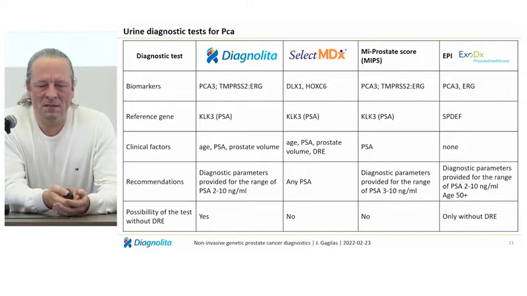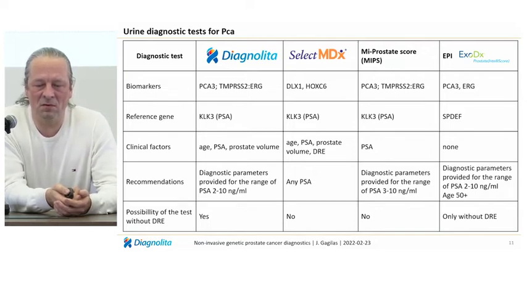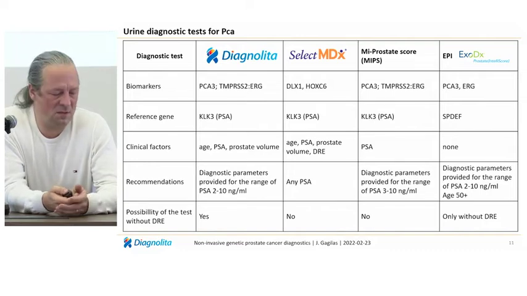Also, some tests need prostate massage before taking the urine sample to increase the amount of biomarkers in urine. The ExoDx test is only without prostate massage. Diagnolitas tests can have both options, with prostate massage or without.